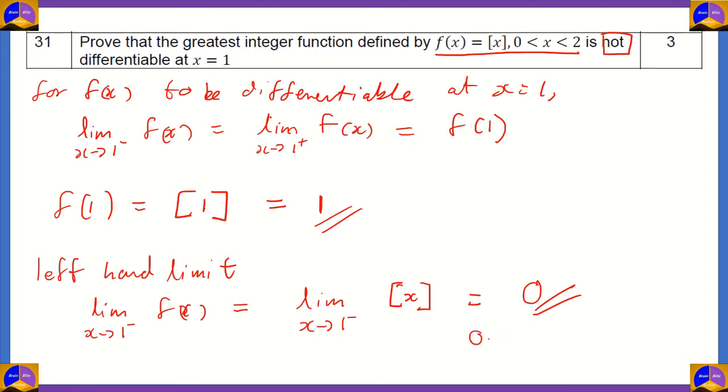And for the greatest integer function, whether the value be 0.9 or 0.999, the greatest integer function's value is still the same, 0. So therefore, the value of the left-hand limit is equal to 0. Now this step will offer you 1 mark. So this is the marks distribution for that.